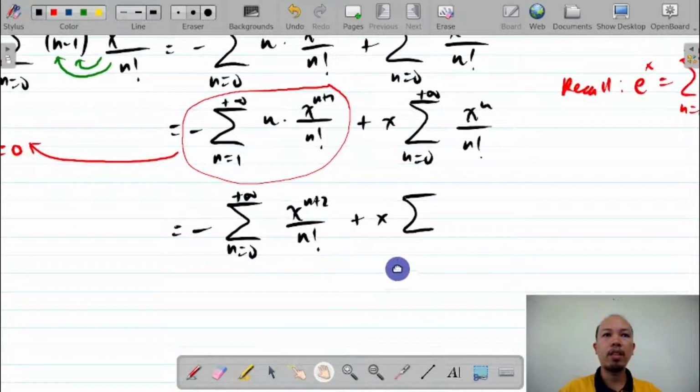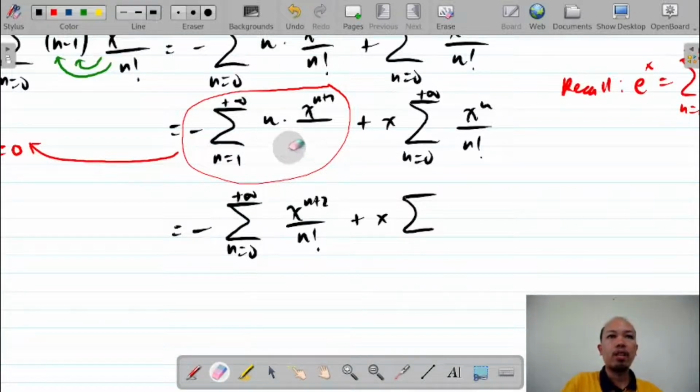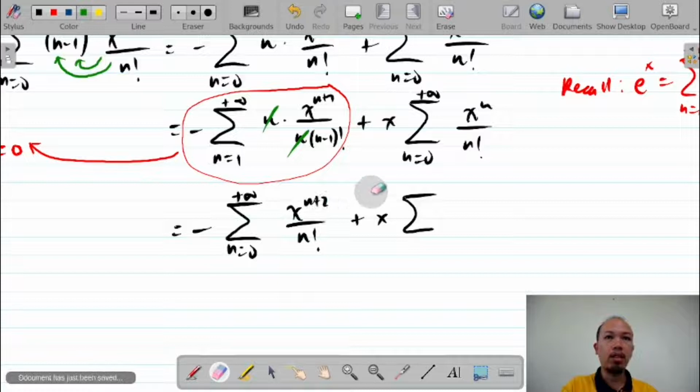So we can write n factorial as n times n minus 1 factorial. Okay, so we can cancel out this one here, and what remains is n minus 1 factorial.